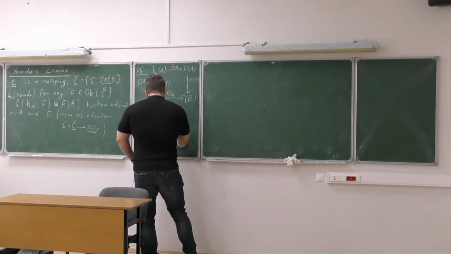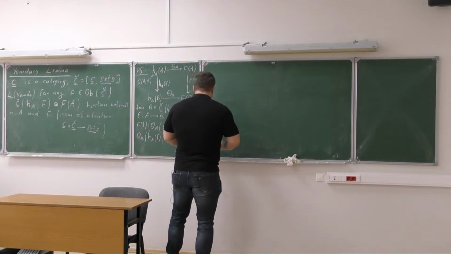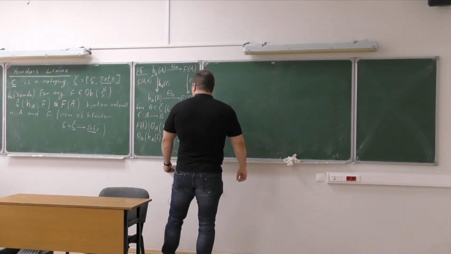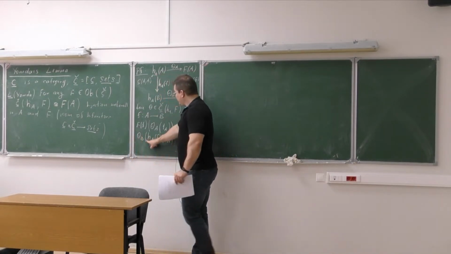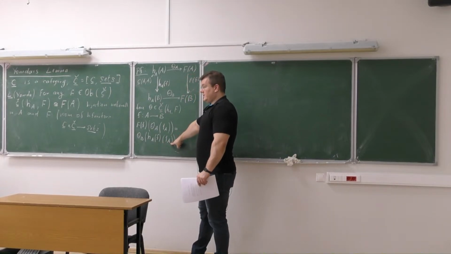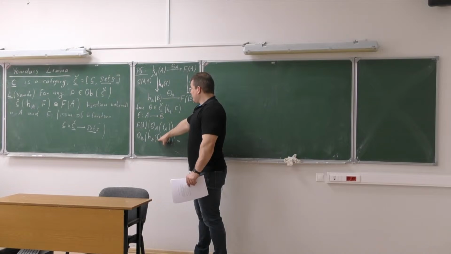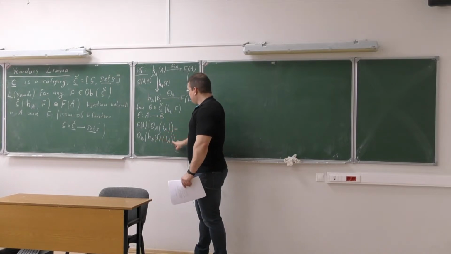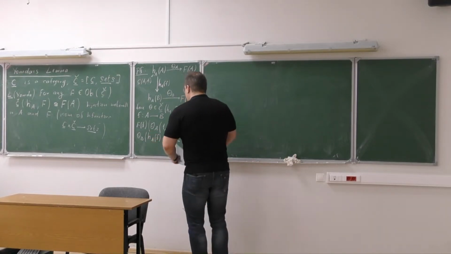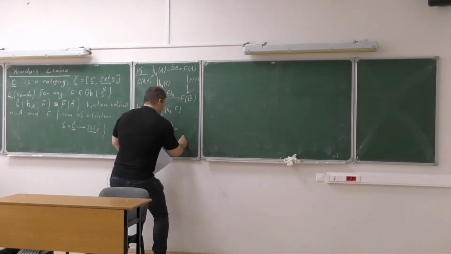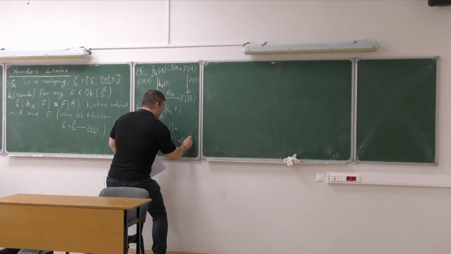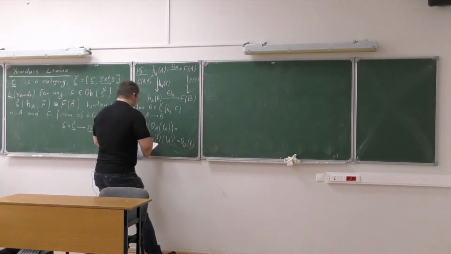Well, this thing we can simplify a little bit, right? So what happens if I apply this functor to the identity? Remember that the functor h sub A, when you do this with the maps, is just taking the composition with the f. So this whole thing is just nothing else but the f. So I can write this as theta sub B of the f.